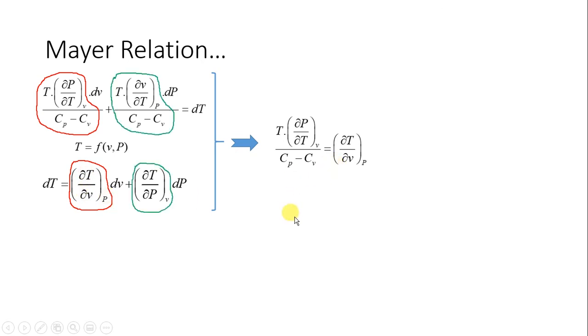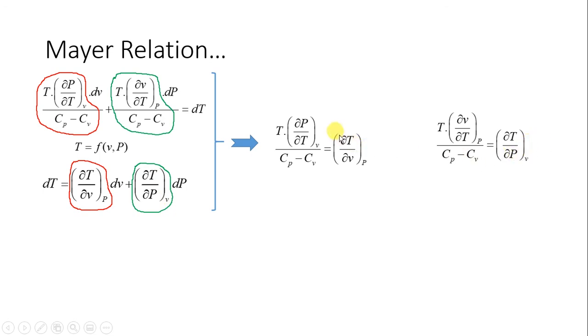Similarly, here also you have dP, and on the left hand side, dT, so this term is equal to this term. Again we can write T dou V by dou T when pressure is constant, divided by Cp minus Cv, equal to dou T by dou P when volume is constant.